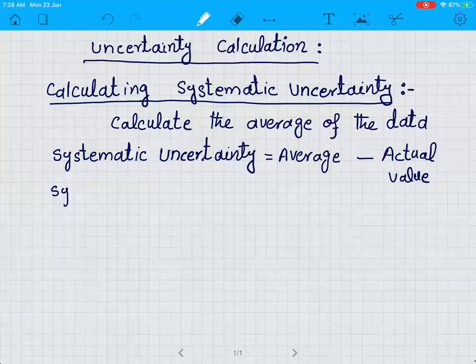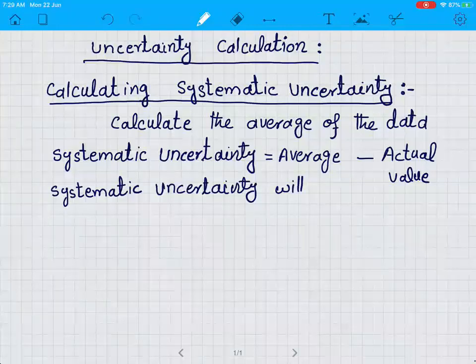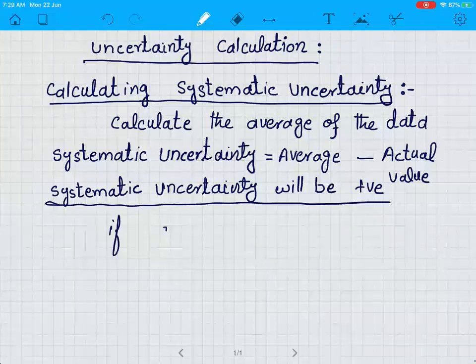So systematic uncertainty will be positive if average is bigger than the actual value.